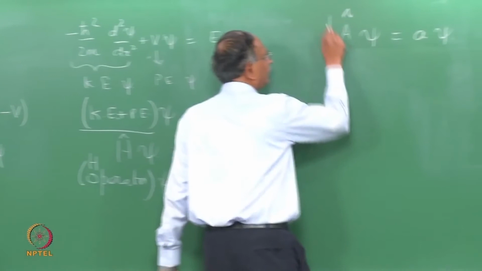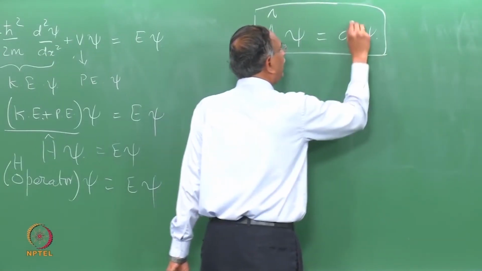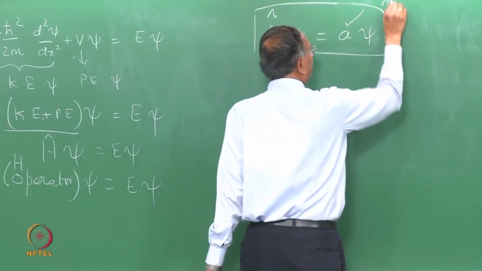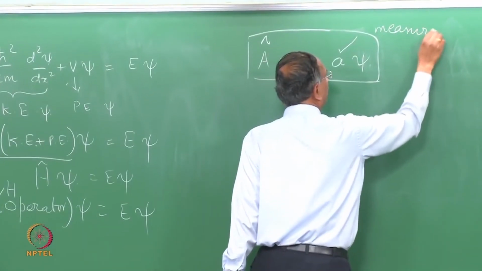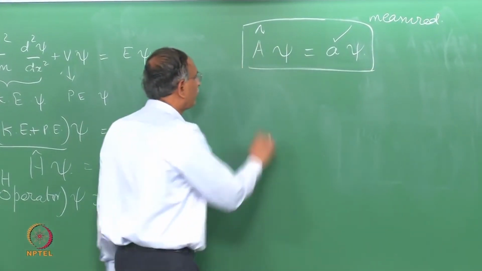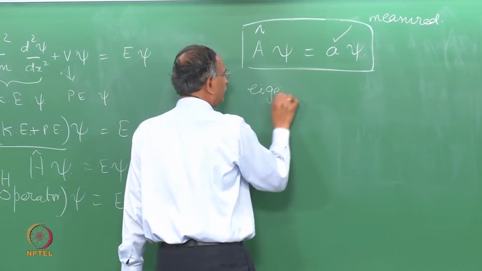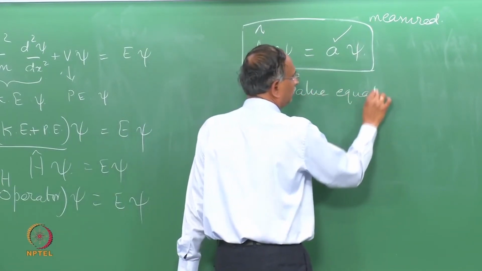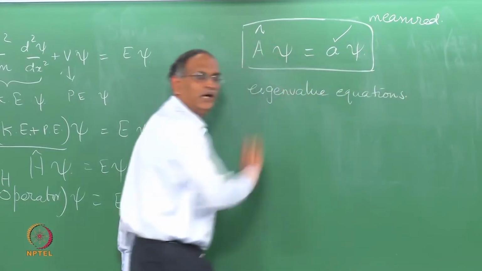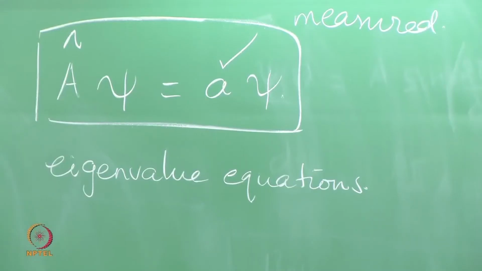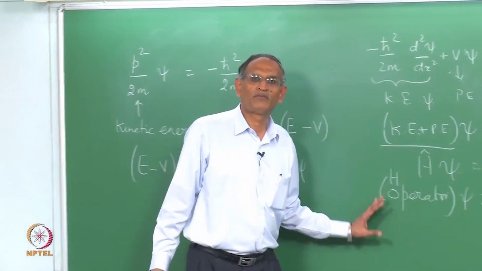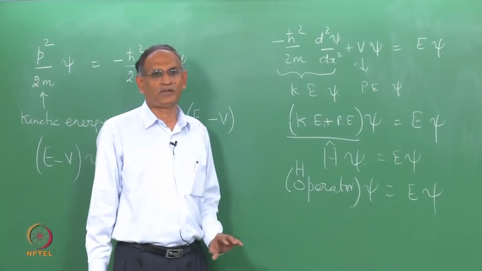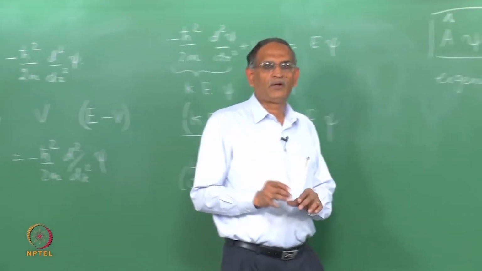Any such equation in which A can be measured experimentally, such equations are called eigenvalue equations. And the Schrodinger equation, the time independent Schrodinger equation, is the eigenvalue equation for the Hamiltonian or the energy operator. This is the picture that you have to have.